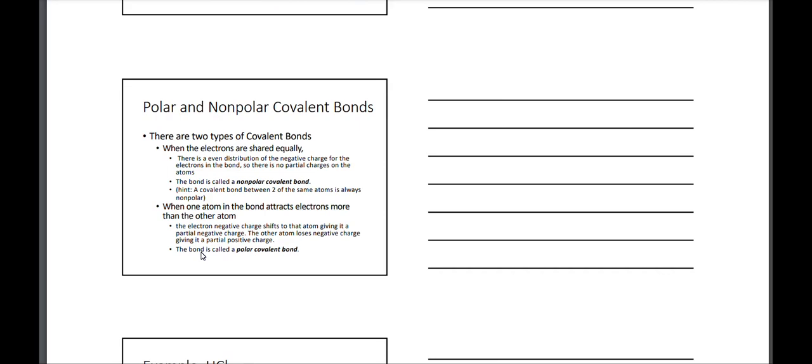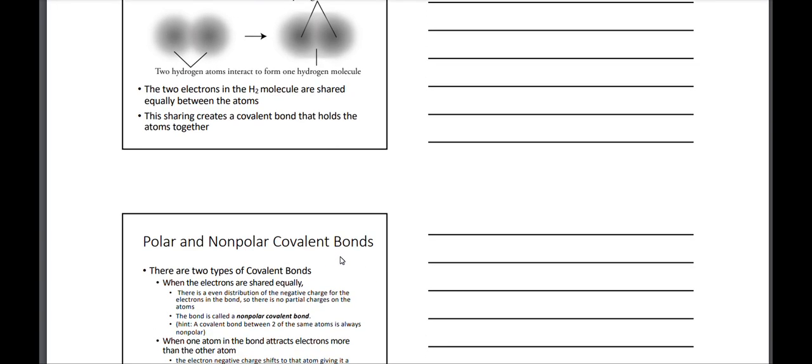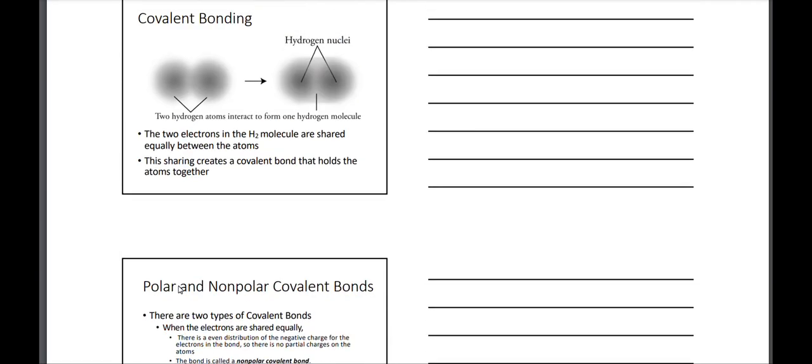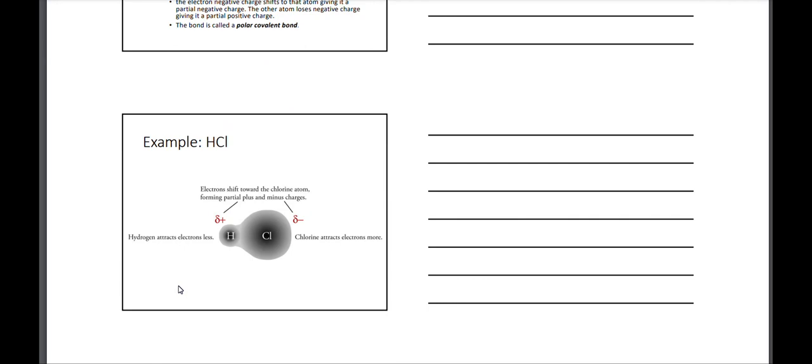On the other hand, when one atom in the bond attracts electrons more strongly than the other atom, that forms a polar situation. In this case, something like hydrogen chloride, where you have hydrogen and chlorine, and the chlorine has more electron affinity, or electronegativity. That's something we also mentioned a lecture ago, right?